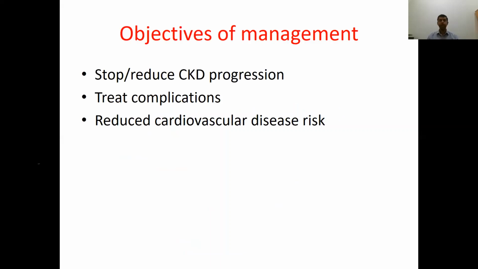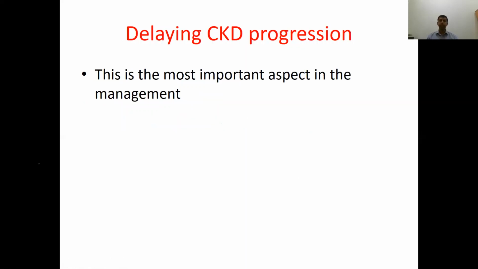When you talk about management, our main priority is to stop or reduce the progression of CKD by correcting all those complications. You treat the complications, and as I mentioned, you need to institute steps to reduce the cardiovascular disease risk. Delaying CKD progression becomes the main thing to do in these patients.